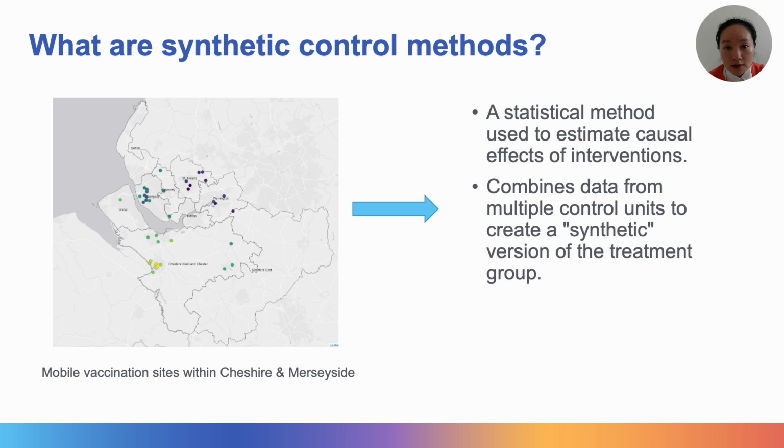Considering this, we choose to use the synthetic control methods by constructing a synthetic control group that is comparable to the intervention group or the treatment group, so as to draw the causal effects.